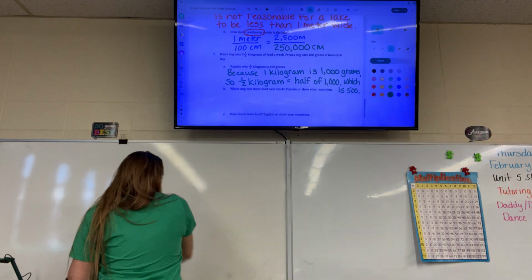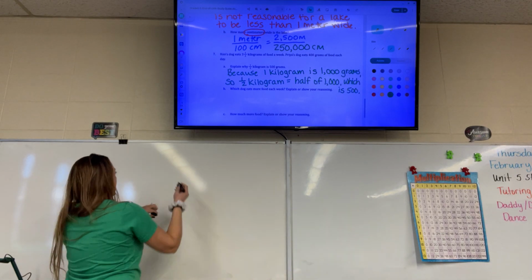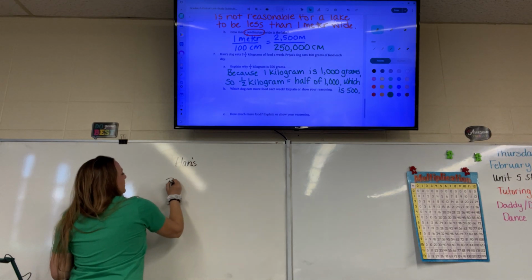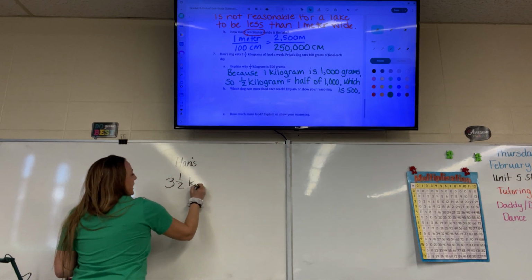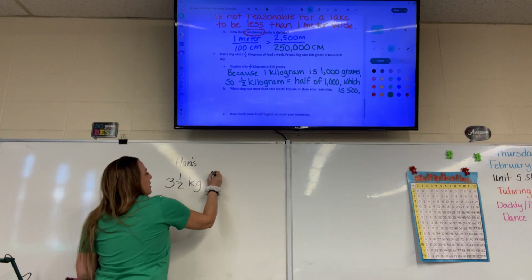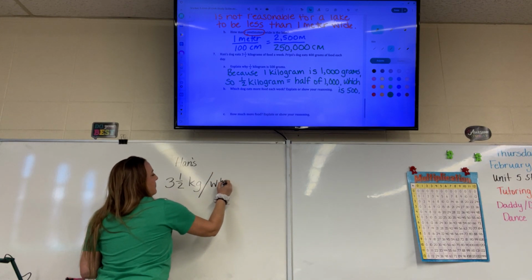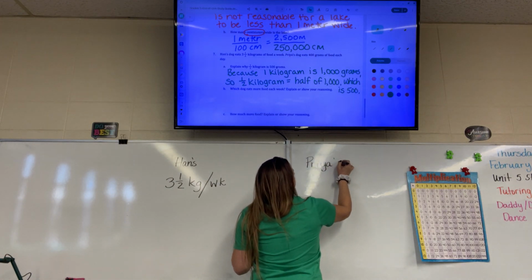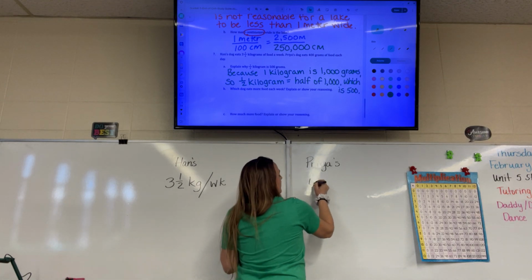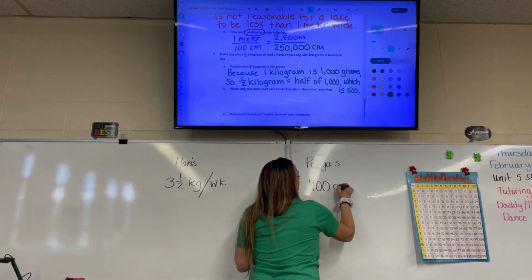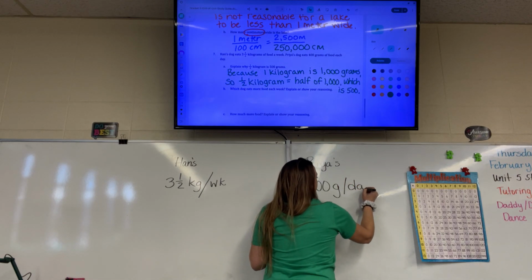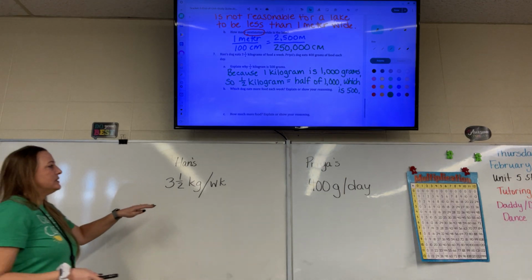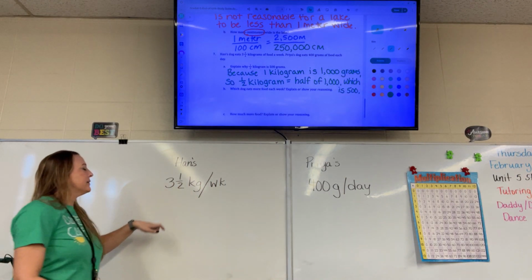Which dog eats more food? So we have Han's dog eats 3.5 kg for kilograms per week. And then over here, we have Priya's dog who eats 400 grams per day. First thing we need to do is make sure they both say grams.